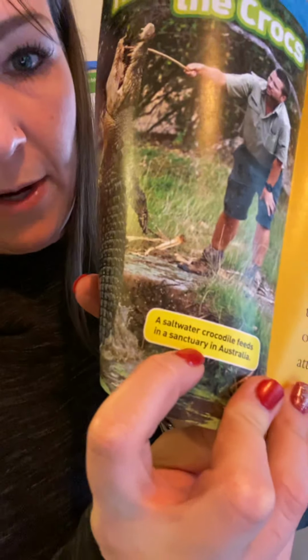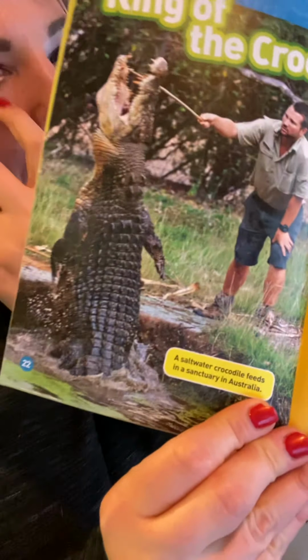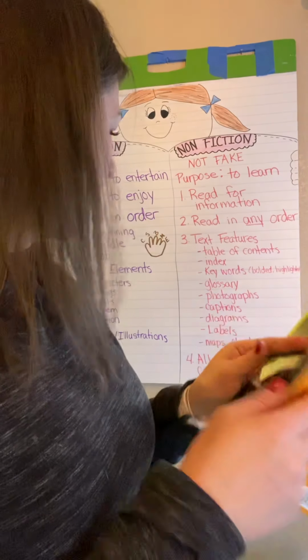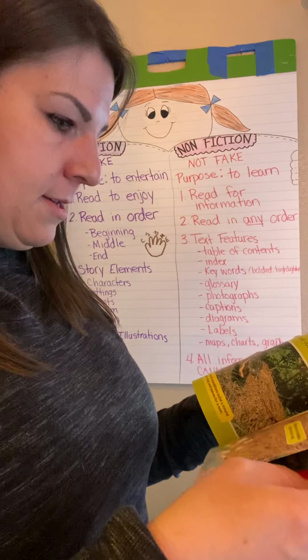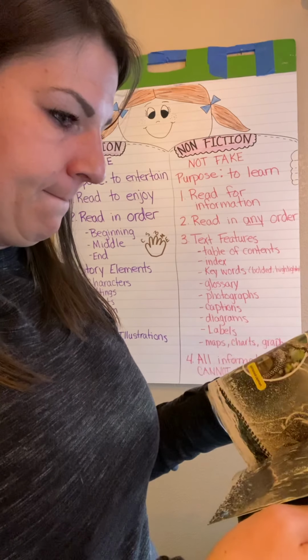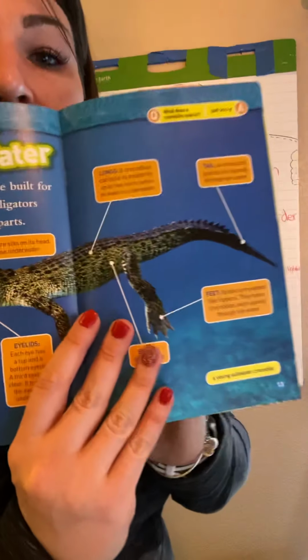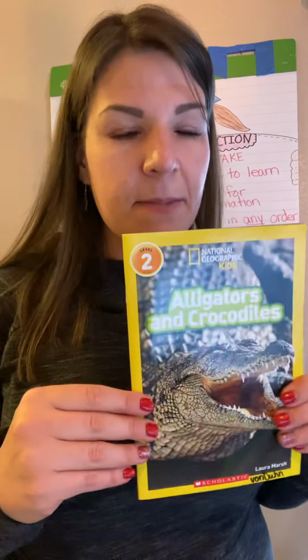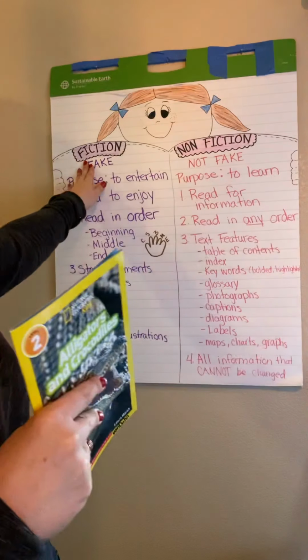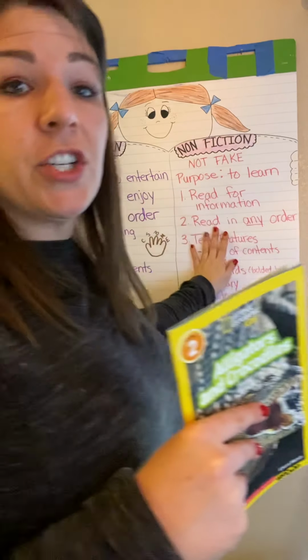It's saying a saltwater crocodile feeds in a sanctuary in Australia. Okay, so there's little captions telling us more. Let me see. There's labels. This is labeling all the parts of an alligator.